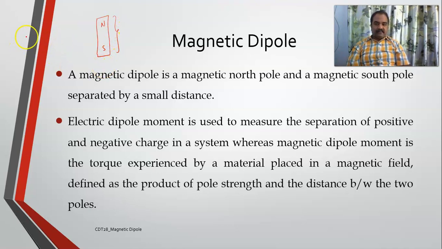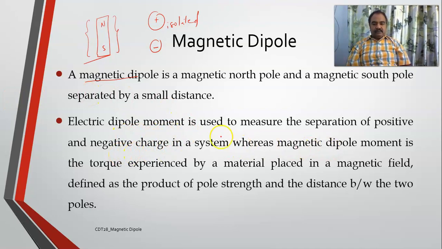Whereas in electrical, the charges can stay isolated, in magnetic, particularly the bar magnets, do not stay isolated. Most of the time you find the north pole and south pole together, which we call a magnetic dipole.